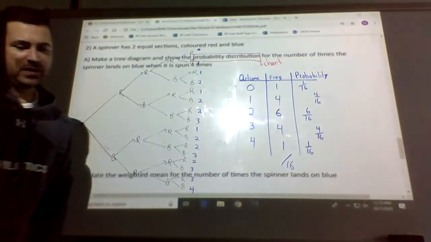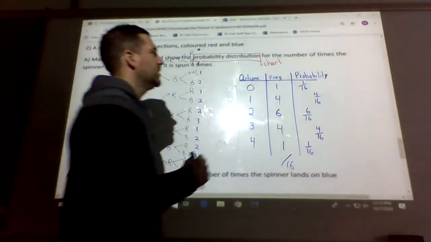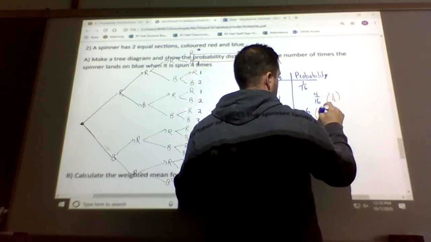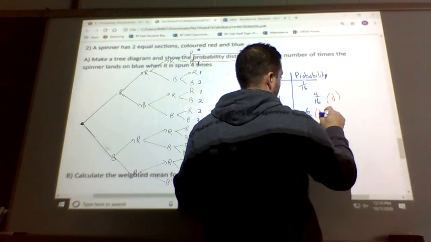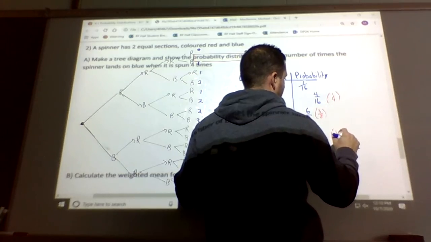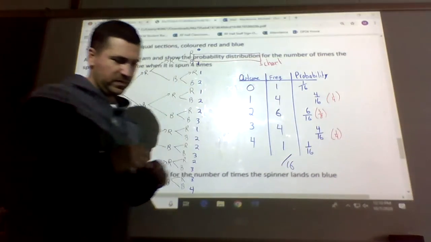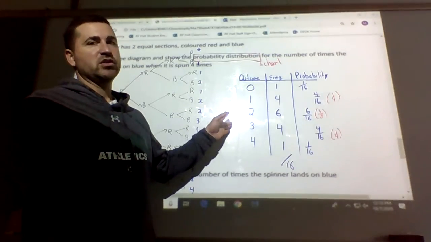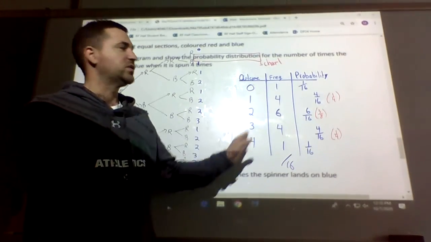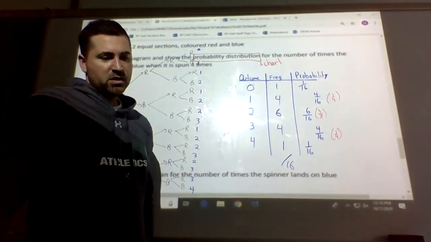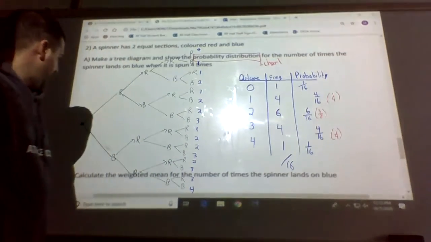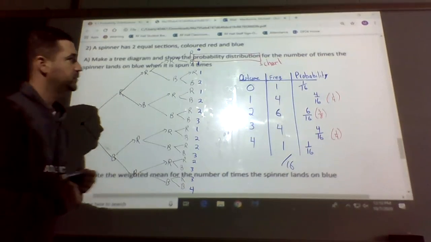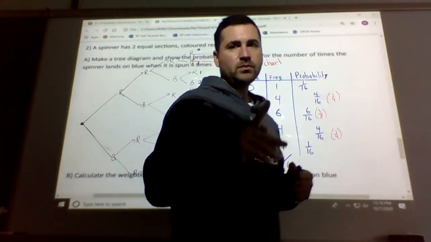If you want to reduce it, you may: 1 over 4, 3 over 8, and then 1 over 4. So this is the probability distribution. It's a chart of all the outcomes versus their probability. Okay, B, calculate the weighted mean. So you're going to pause it there.